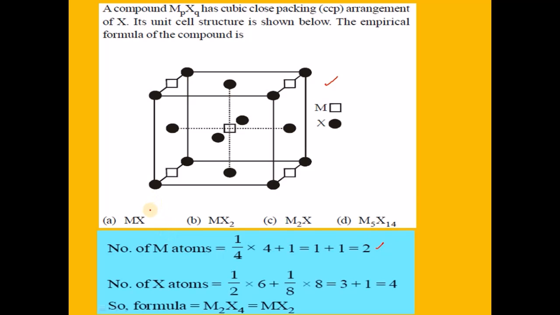So M is 2. Another one, the number of X atoms. X is the dark dot. They are present at the corners, 8 are there, and at the face centers, 6 are there. So the contribution is 1 by 2 into 6 plus 1 by 8 into 8. 1 by 8 is for corners, 1 by 2 is for face centers. The total we got is 4. So the formula of the compound is M2X4. We don't have M2X4 in the options, and since they are asking for the empirical formula, we have to take the simplest form of it, MX2. So B is the right option for it.